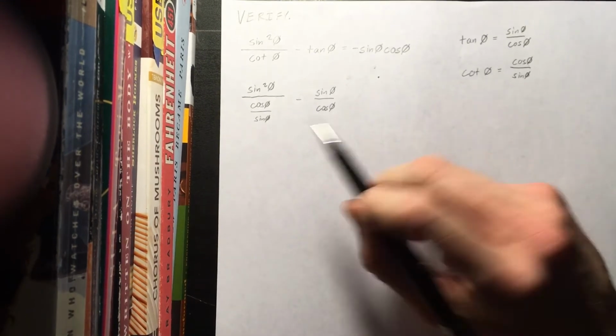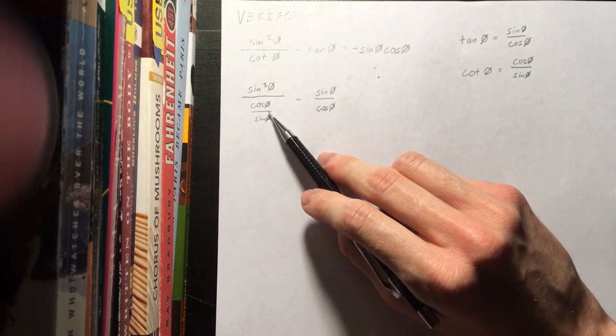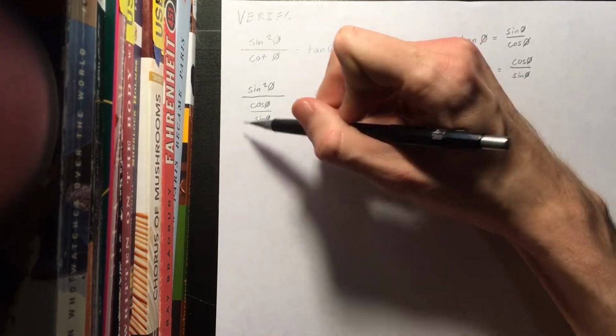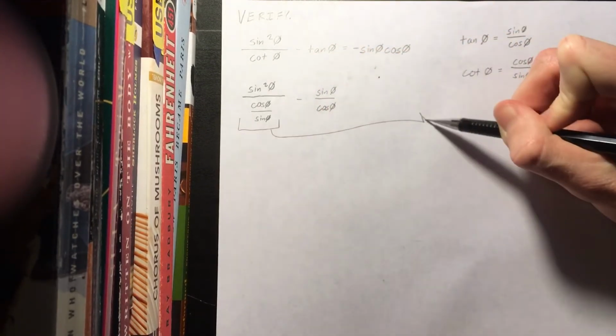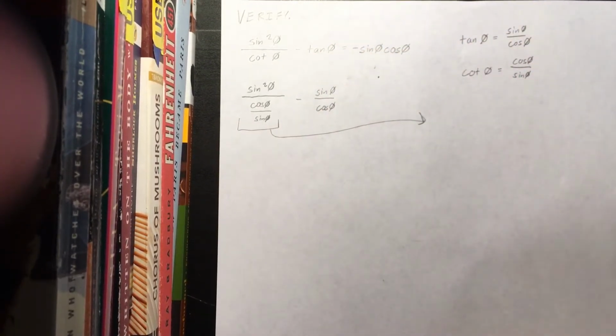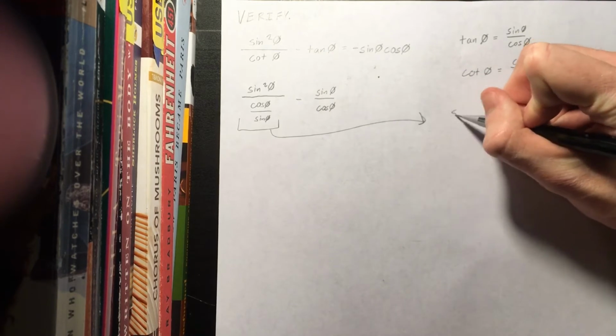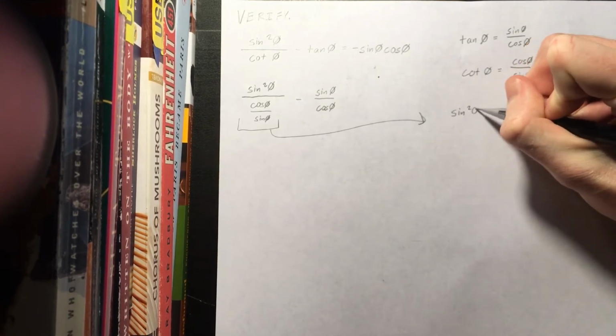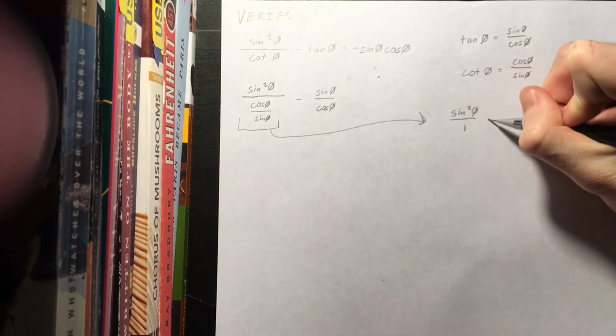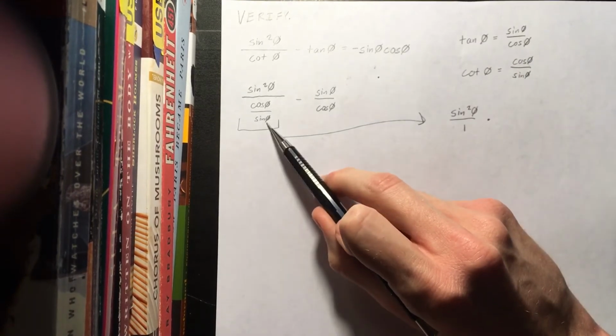So let's move on. Here we're dividing by a fraction, right? I'm going to pull this part right here off to the side so we can just focus on it real quick. When we divide by a fraction, you have to remember that we need to multiply by the reciprocal. So here we have sine squared theta over 1 multiplying by the reciprocal of the denominator.